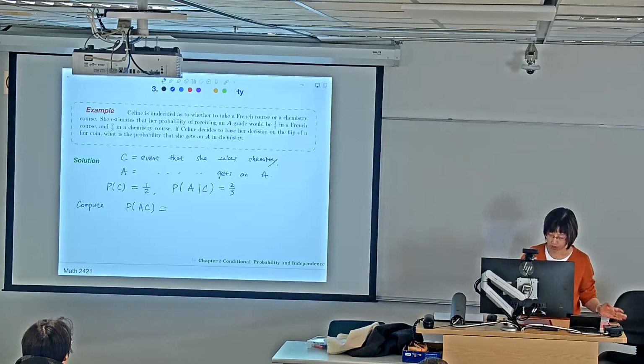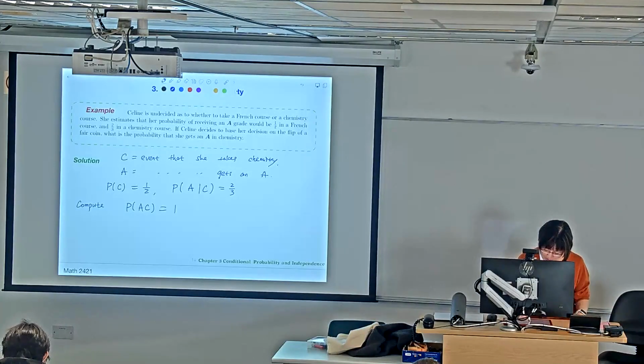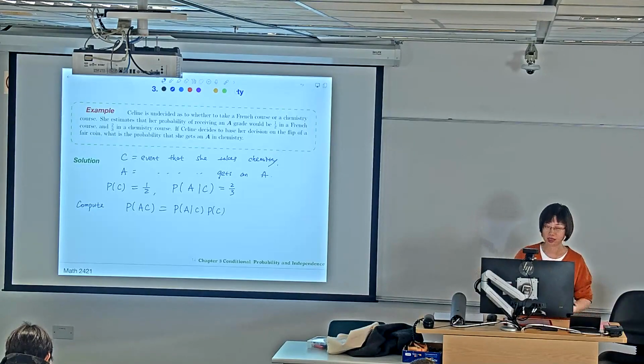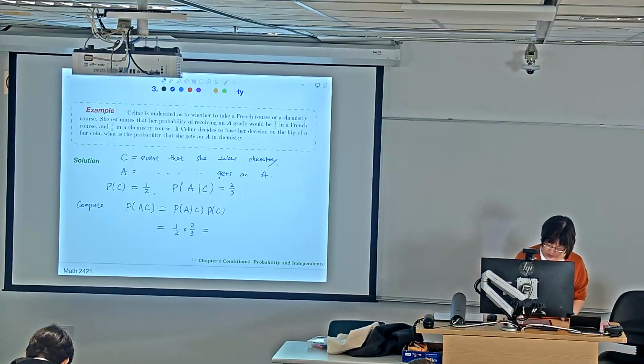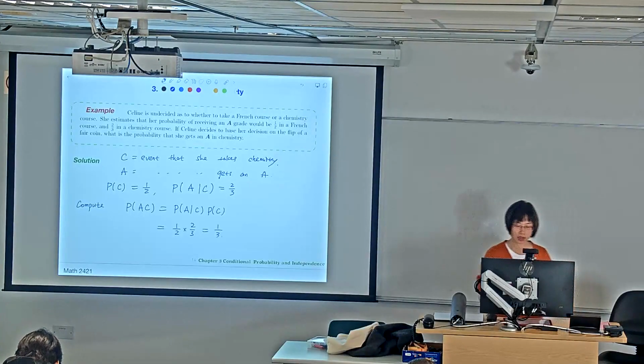Okay. So naturally you are going to write this as the probability of A conditional on C times the probability of C, because what is given here is a multiplication rule. So multiplying these two numbers together, we get 1/3.